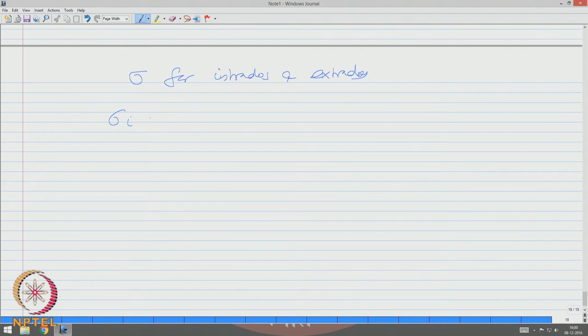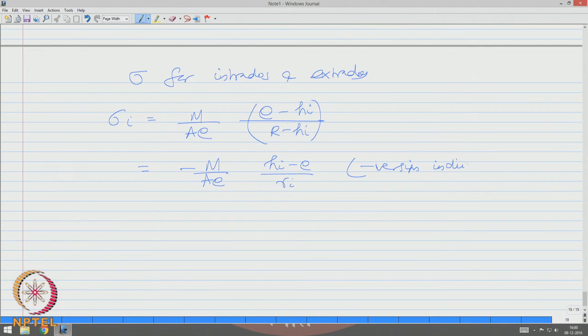So, stress at intrados is simply m by A E, minus h i by R minus h i, which will be minus m by A h i minus E by R i. So, the negative sign indicates it is compressive.